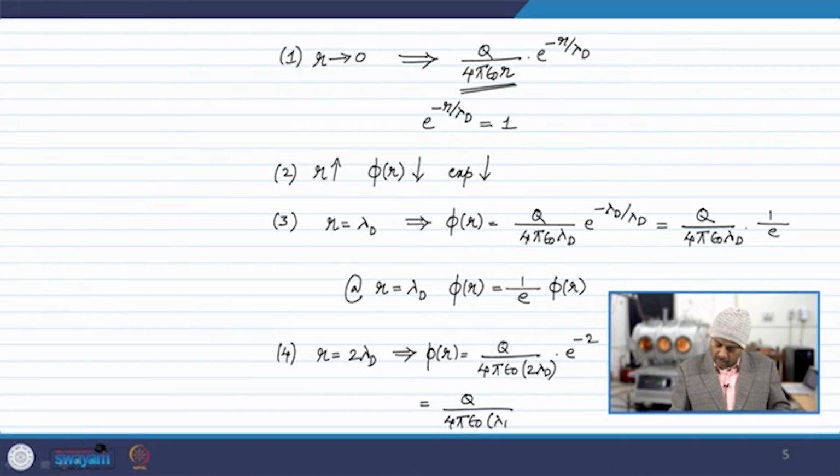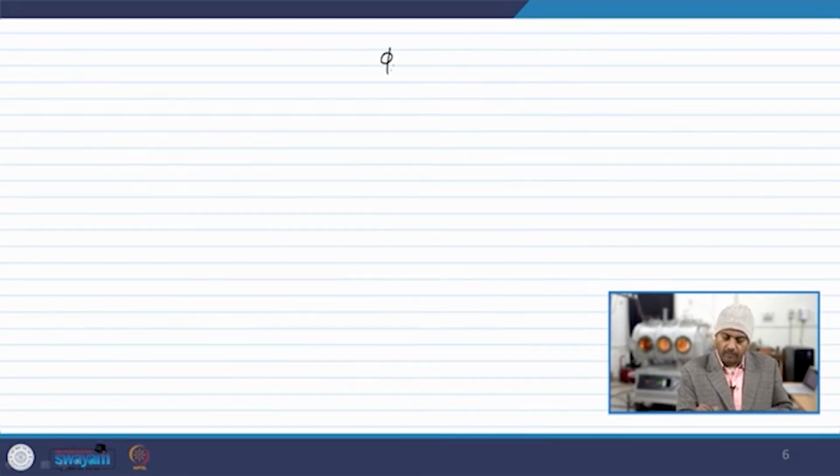I will take lambda d separate and e to the power of minus 2, so phi at 2 lambda d becomes q by 4 pi epsilon naught lambda d into 1 by 2 e to the power of 2.